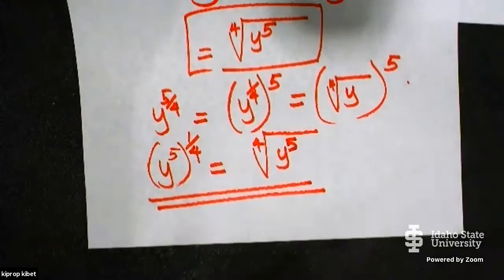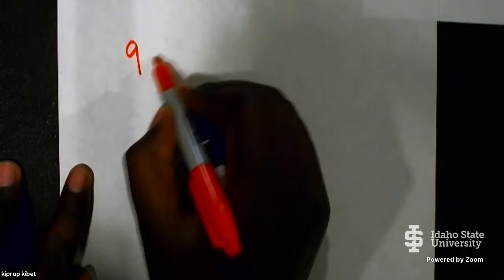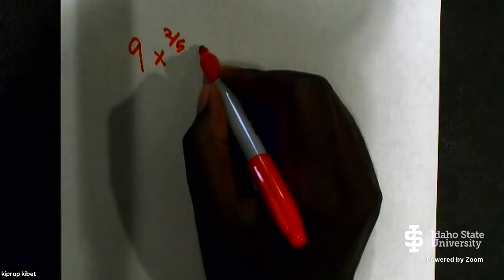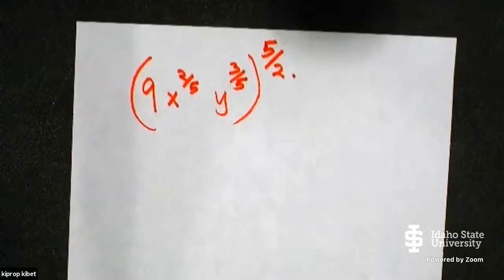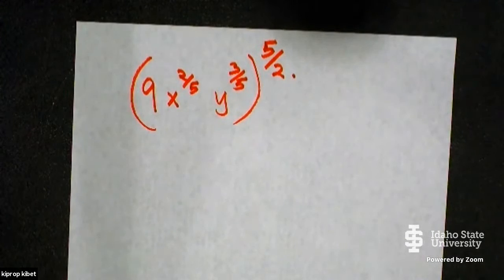Simplify 9x raised to 2 over 5, y raised to 3 over 5, and then all this raised to 5 all over 2.